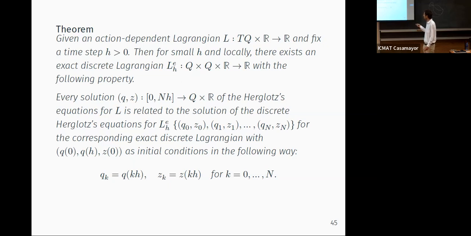Basically, the solutions of the discrete Herglotz equations for the discrete Lagrangian are just the solutions of the Herglotz equation for the initial Lagrangian evaluated at the time step. We think this theorem can be used to get better integrators by trying to approximate this Lagrangian.